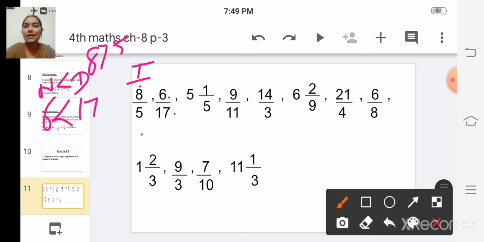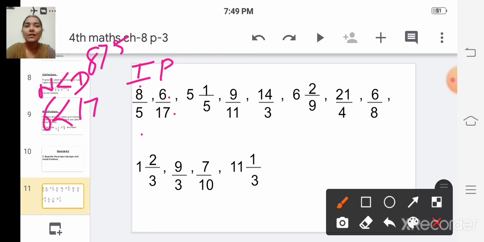So it is a proper fraction. So I can write here P. Because there is no space to separate all these fractions, I'll write I for improper fraction, P for proper fraction.